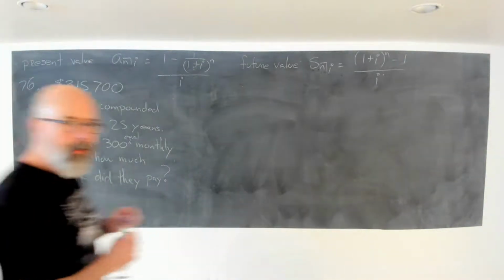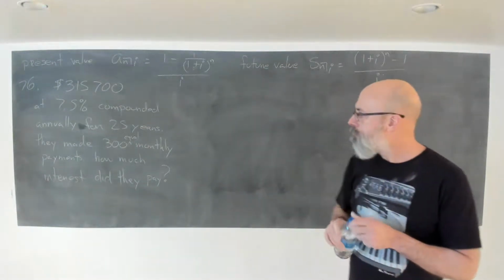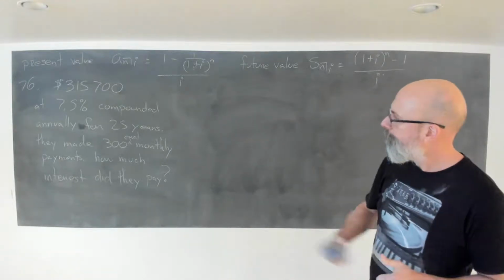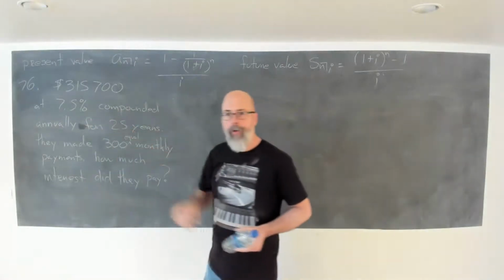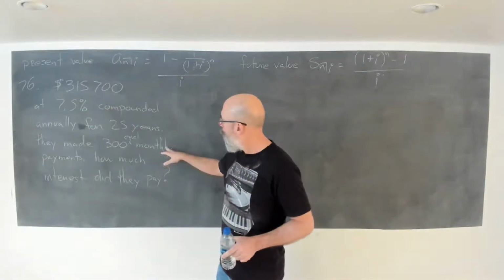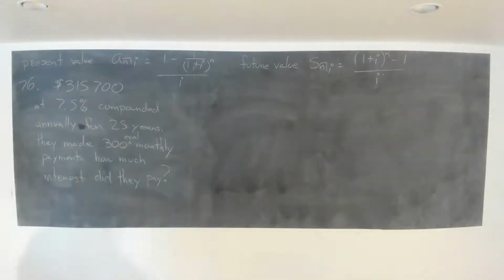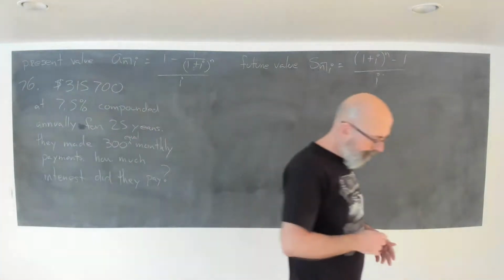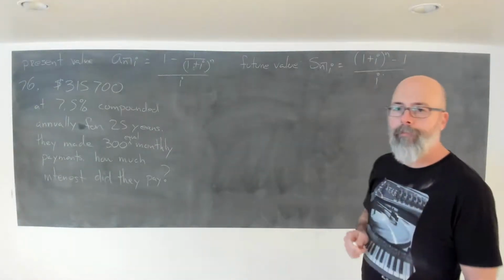First thing to notice is that we have an interest rate compounded annually, whereas we are making monthly payments. As such, these are incompatible. What are we going to do?